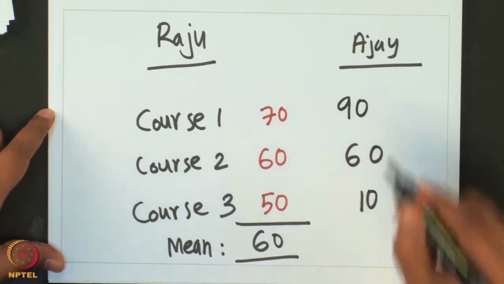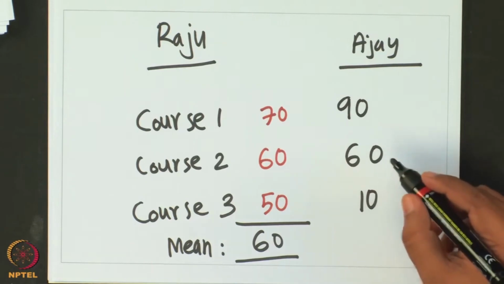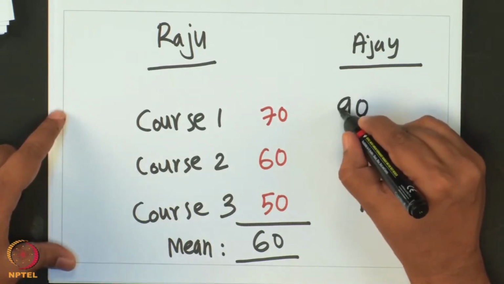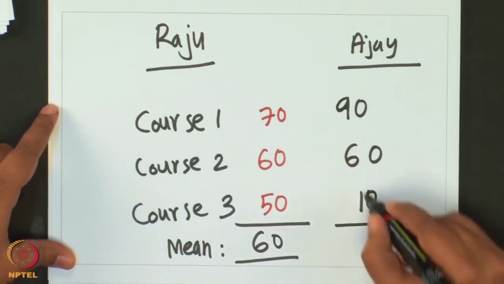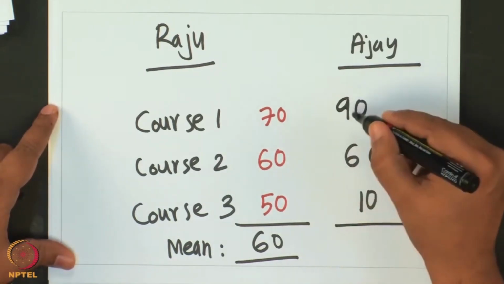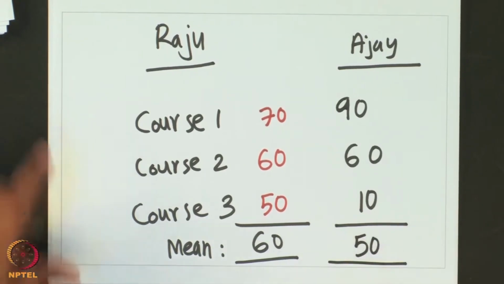So this is 10 plus 60 plus 90, 160 divided by 3. So here the average would be about 50. So here this mean is 50.